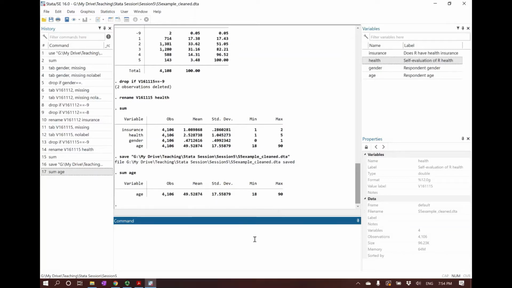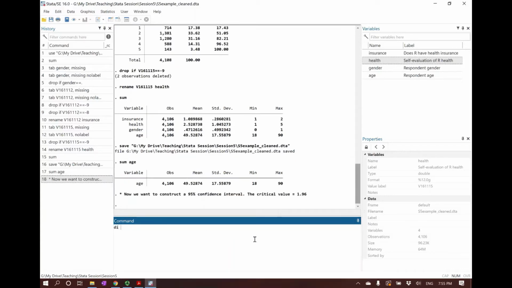Okay, using the traditional way to manually calculate a confidence interval, we want to construct a 95% confidence interval. If you recall, the critical value is 1.96. I'm going to use Stata as a calculator to calculate the two bounds of my interval. The lower bound would be the sample mean, x bar.